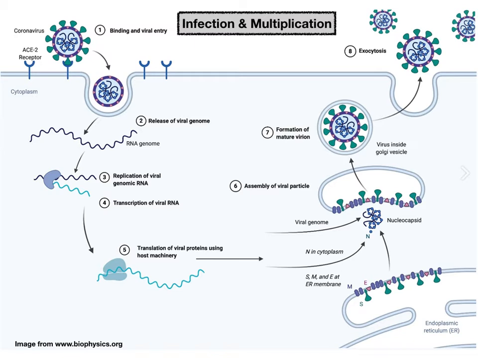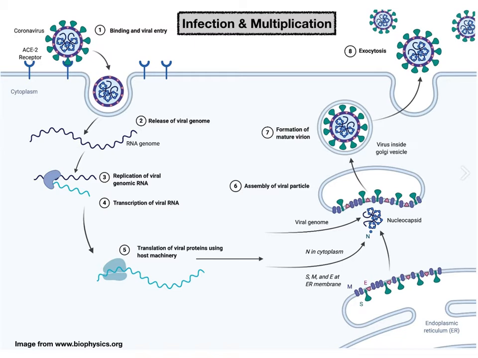Now that all these proteins are translated, and at the same time the viral RNA comes in from the other side, they all form a mature virion once more, just like this, with an outer circle of membrane.